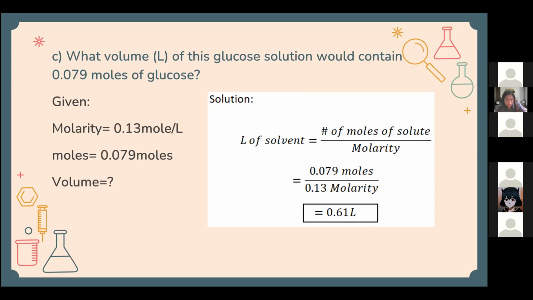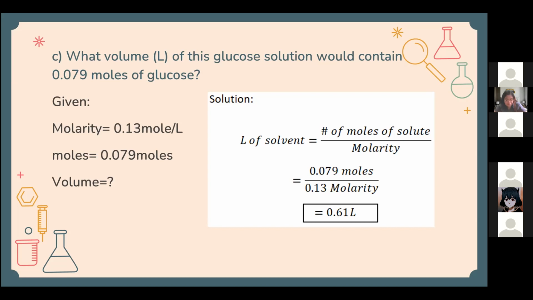So our value for the number of moles of solute is 0.079 moles over the value of molarity, which is the 0.13 moles per liter, or 0.13 M yung molarity. So our answer is, if we're going to divide this out, we're going to get the 0.61 liters.